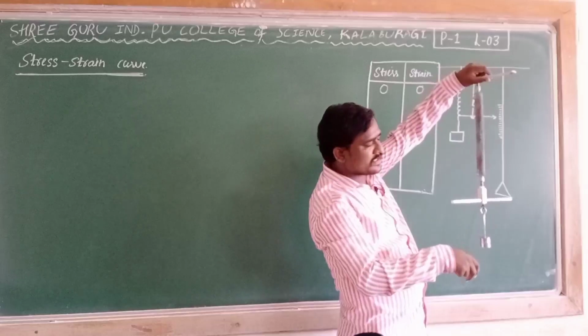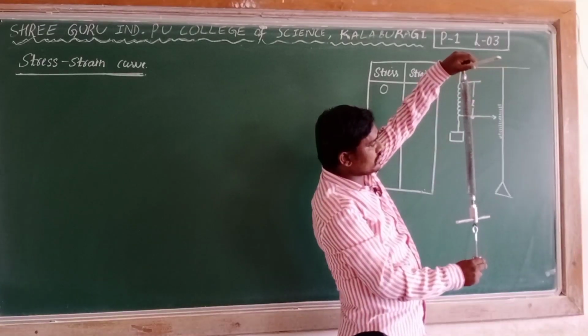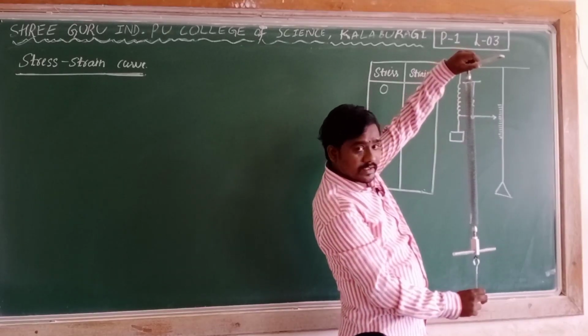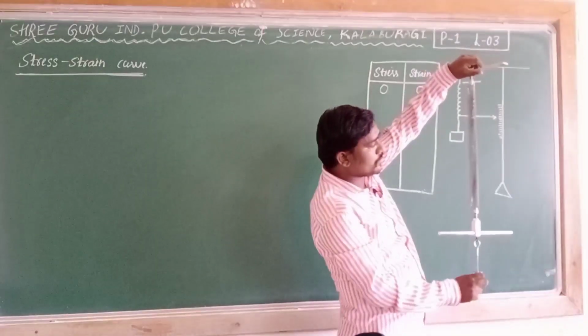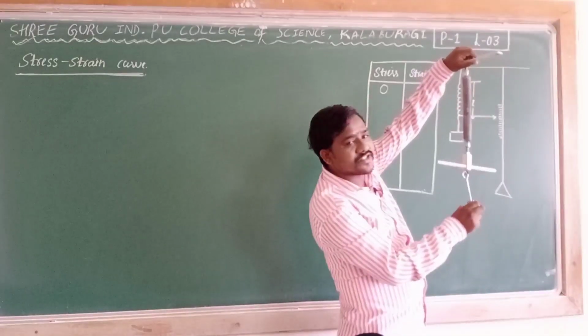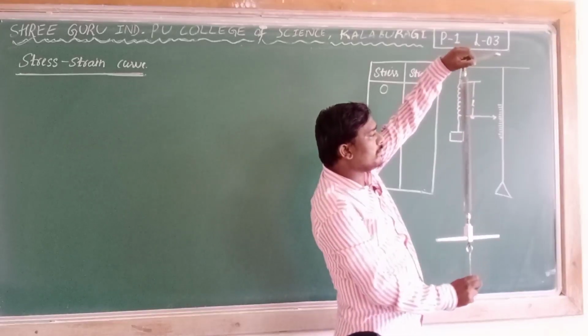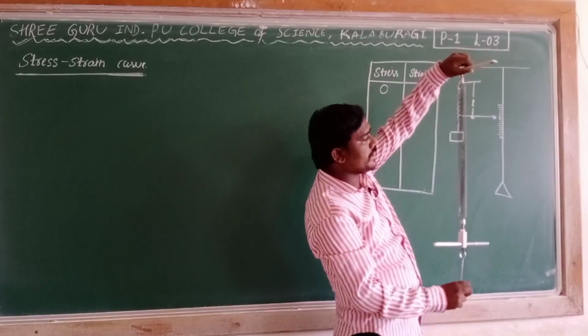Again we add a mass, it is also going to increase the length. We apply a stress continuously. If we remove this mass or this force, definitely it will come back to its initial state. This is the development of restoring force in that particular spring.